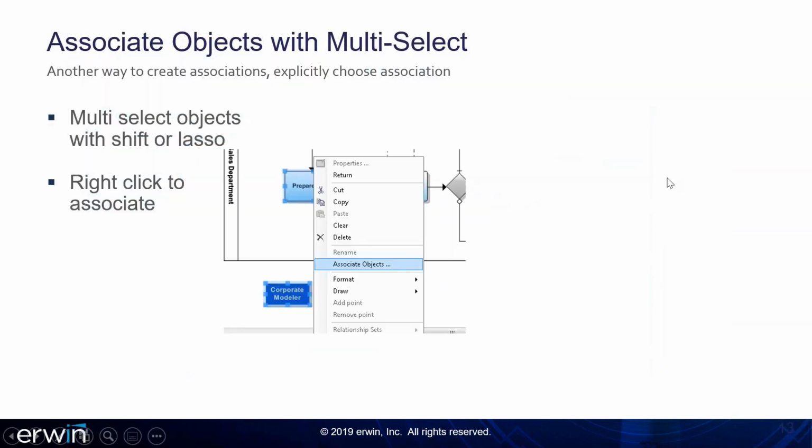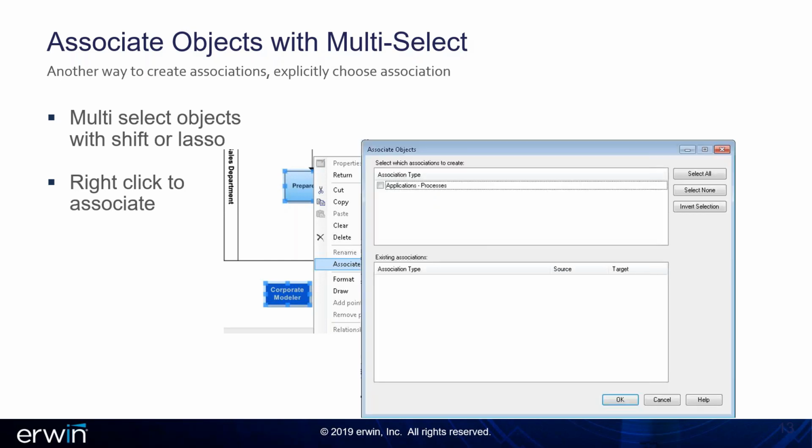Another way to create associations in CW Modeler is via the multi-select. The multi-select allows you to create an association when there is no association line on the palette, or if you can't drag one object into the other, if that's also not set up. So if the nested association is not set up and the association line is not present, you can always shift select both objects, click on associate objects, and then choose the association you wish to add.